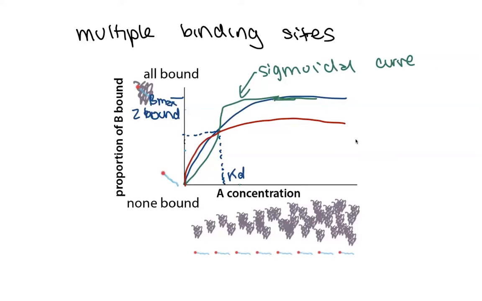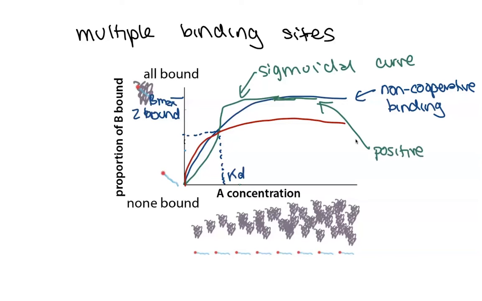And so basically we can think about three scenarios. We can think about our normal scenario, which we'll call non-cooperative binding. This is where the binding to one site doesn't impact the others. But then we have the scenario we call positively cooperative binding, where the binding of one partner positively influences the binding of the other.